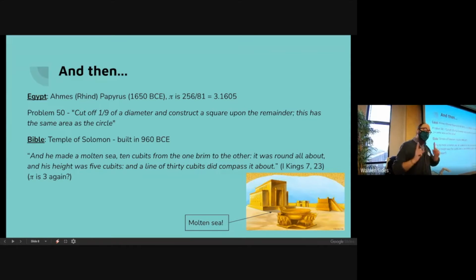So maybe it wasn't a perfect circle or something like that. Other people are noticing that in the Hebrew text, they added extra silent letters because of the way that numbers and letters correspond to each other. If you take that extra silent letter as a proportion to 3, it gives you a value of about 3.1605, which was used at that time.